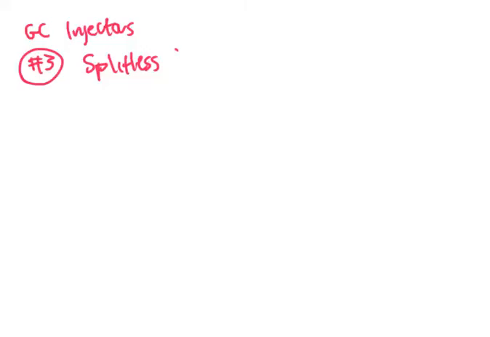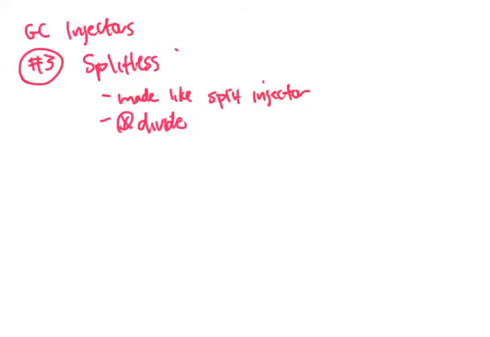A splitless injector is made just like a split. Okay, so it's made like the split injector. However, it does not divide my sample in smaller portions. It injects all.